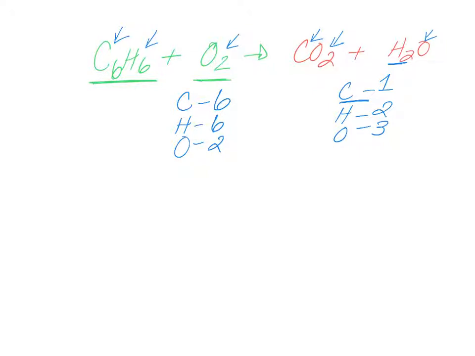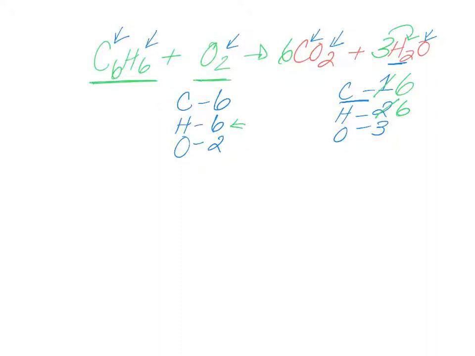Okay, now we need them to be the same. So let's start with carbon. To get 6 carbons, I'm going to put a 6 in front of here. Okay, that makes this 6. In order to get the 6 hydrogens here, I'm going to put a 3 in front of here because 3 times 2 gives me 6 hydrogens.